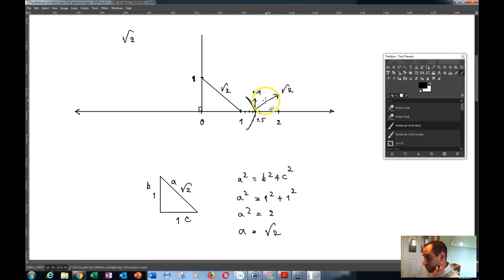And then of course you can do the same thing with, I think, square root of 3. I suppose there is a way, let me see.